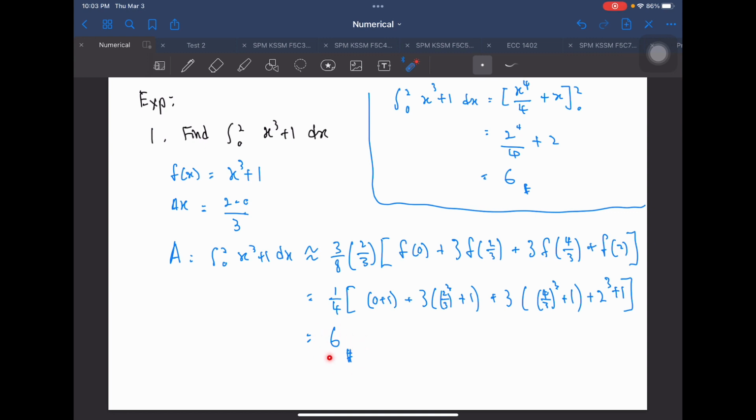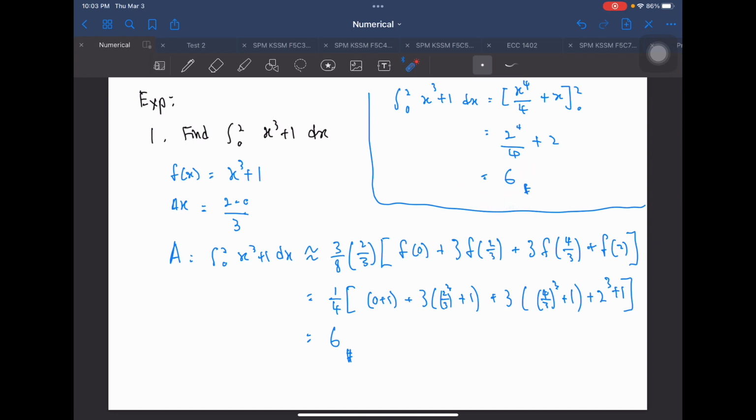And let's see if this is exact, as this is a polynomial of third degree. Okay, the highest index is 3. So you solve it by using normal integration, you get the answer 6 as well. So we can conclude that Simpson's 3-8 rule is exact when it is first, second, third degree.